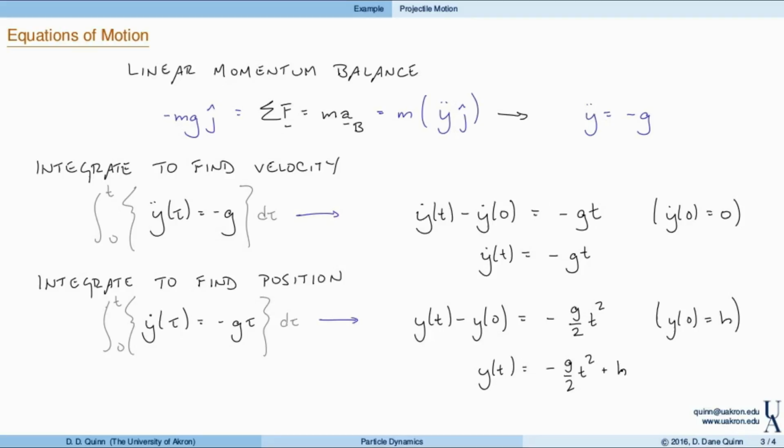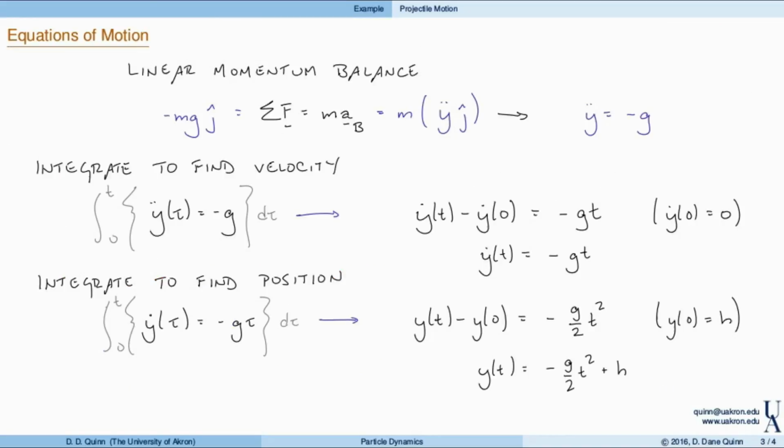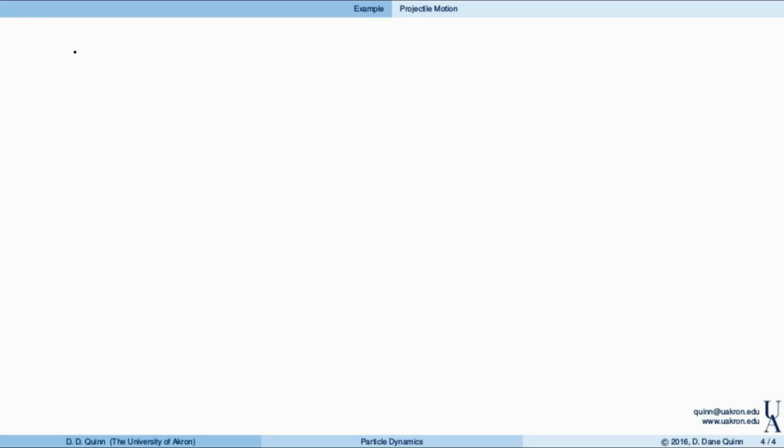So this describes the position, the height above the ground, and the speed in the j direction, both as a function of time. Let's go back and remind ourselves what we were looking for. We wanted to know the time required for the ball to hit the ground and the speed when the impact occurs. The ball impacts the ground at some unknown time.